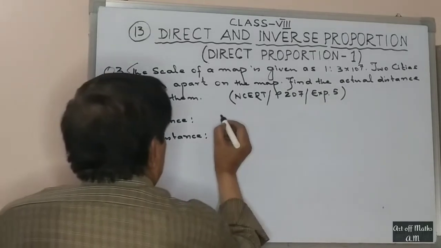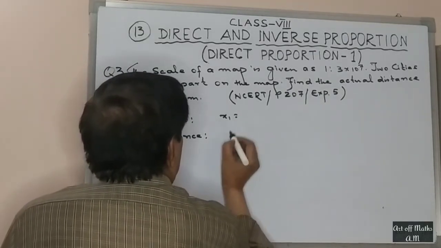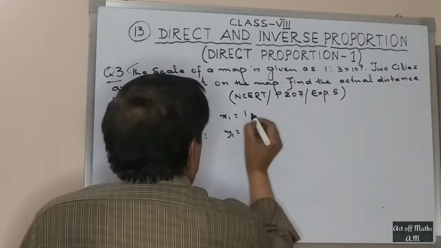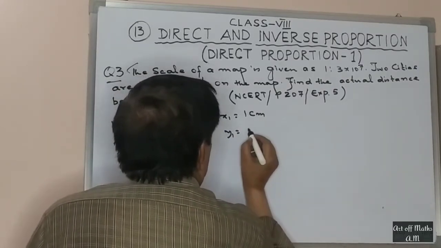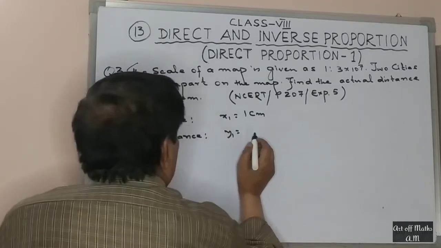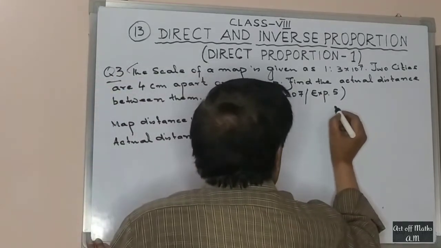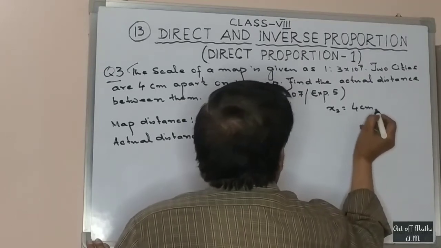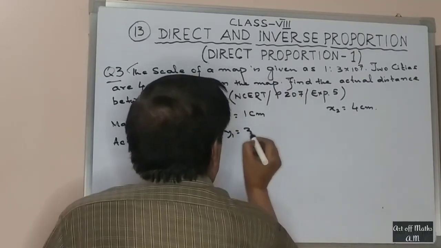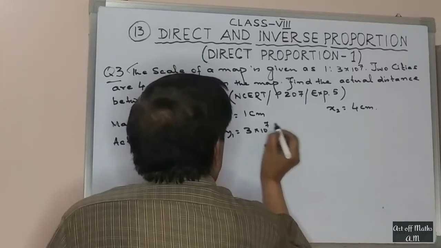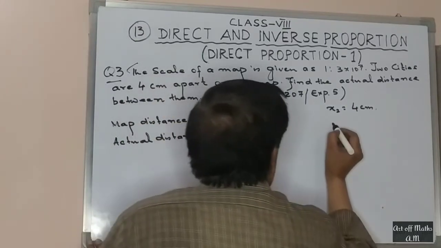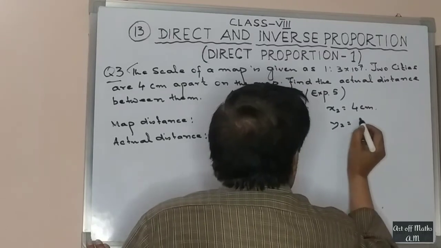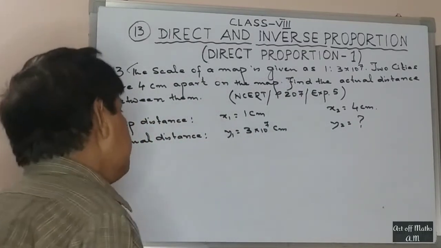Map distance x1, x2, actual distance y1, y2. x1 is 1 centimeter, x2 is 4 centimeter, y1 is 3 into 10 to the power 7 centimeter, y2 is to be found out.